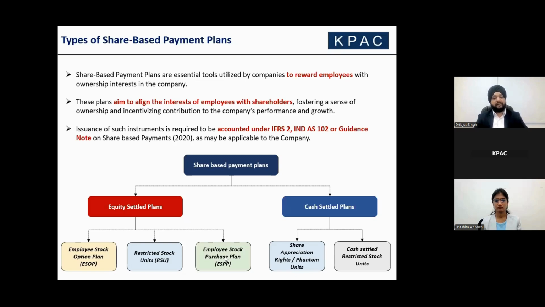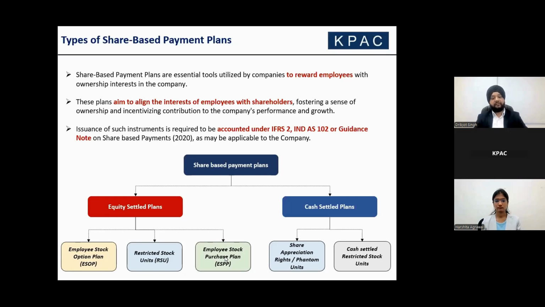Now, under cash-settled plans, we have SARs, which provide employees with cash equivalent to the appreciation in the company's stock value over a predetermined period. These are commonly used by unlisted companies to avoid dilution while still offering performance-based rewards.